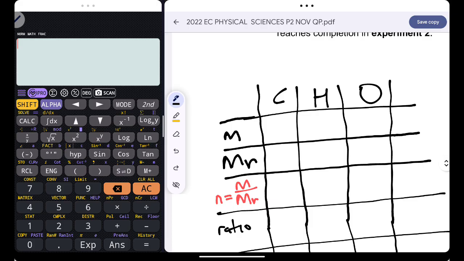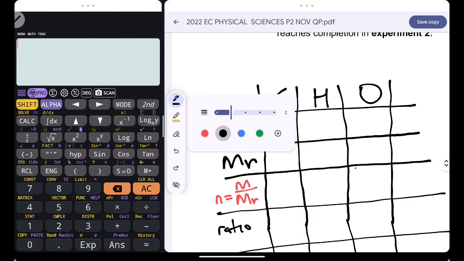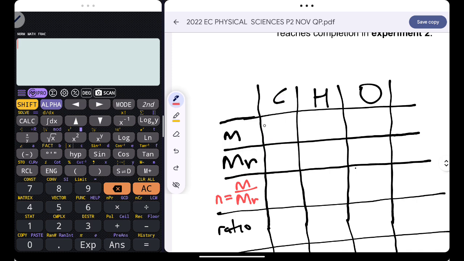I'm going to write here on my table like this. For carbon I have 54.55 grams, right? And then for hydrogen I was given 9.09 grams. Oxygen is 36.36 grams. Are you together? All in all, they make up 100 grams.